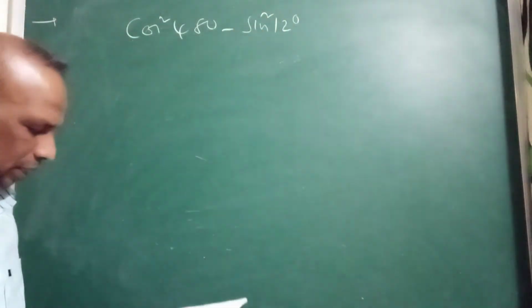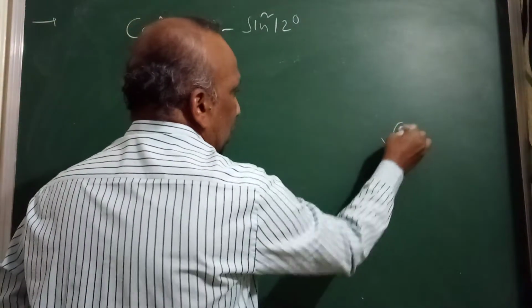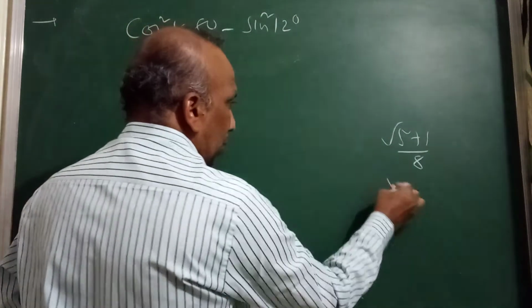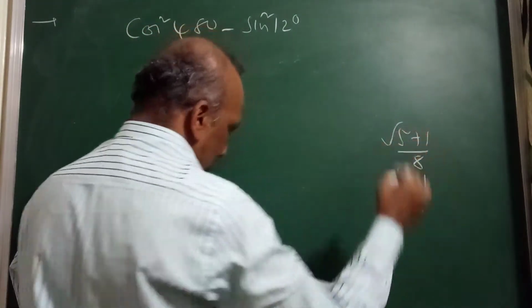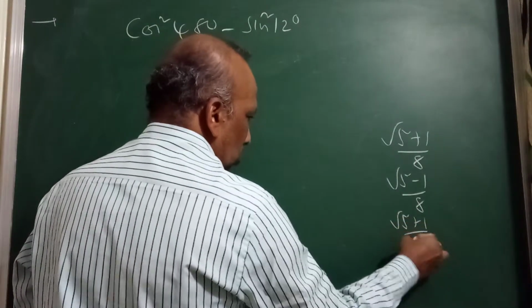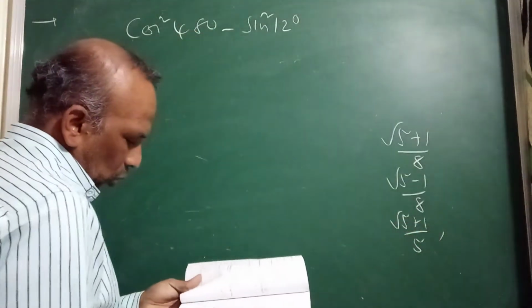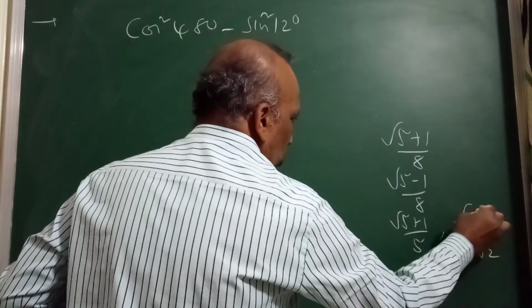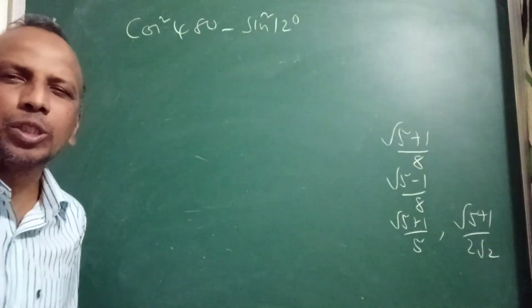The first option, root 5 plus 1 by 8. The second option, root 5 minus 1 by 8. Third, root 5 plus 1 by 5. And the fourth option, root 5 plus 1 by 2 root 2. These are the options we have.